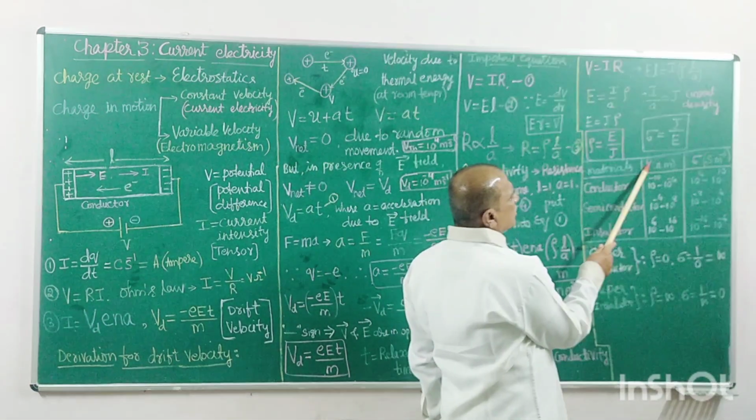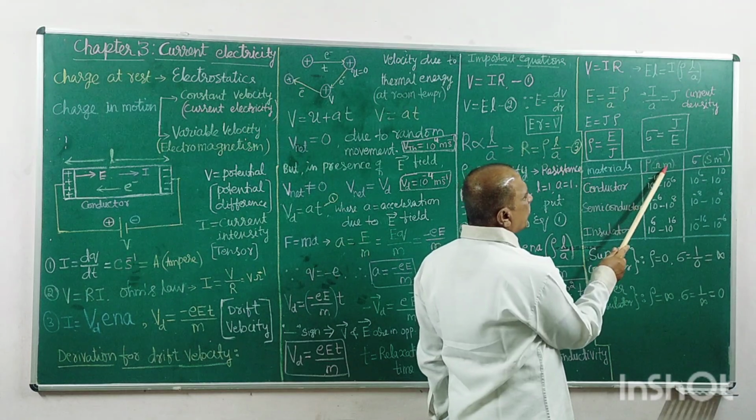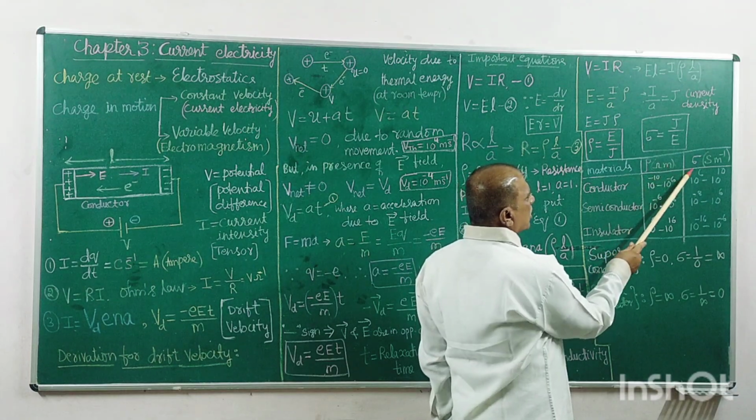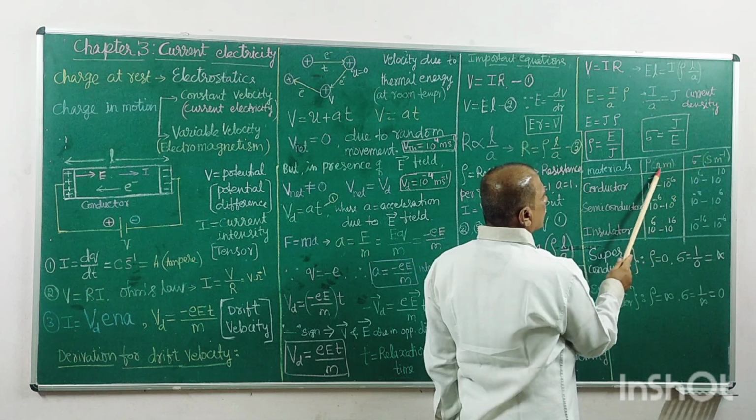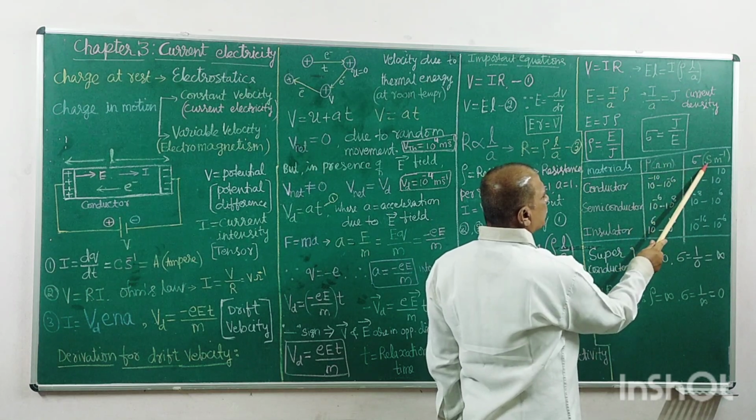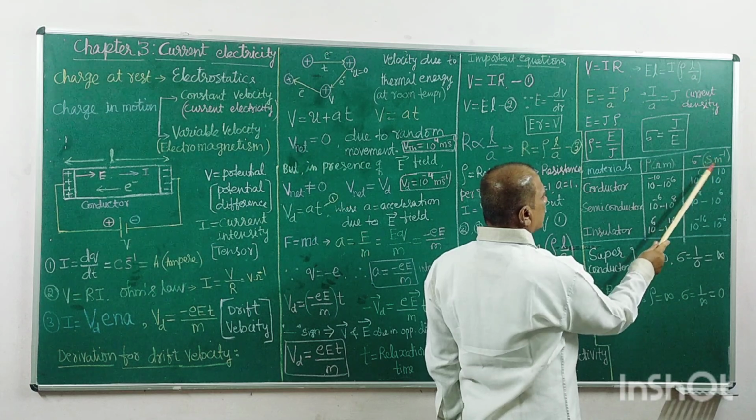Here, the resistivity unit is ohm meter. Conductance means Siemens per meter, the inverse. Ohm meter, Siemens means per ohm, so in SI it is Siemens per meter.